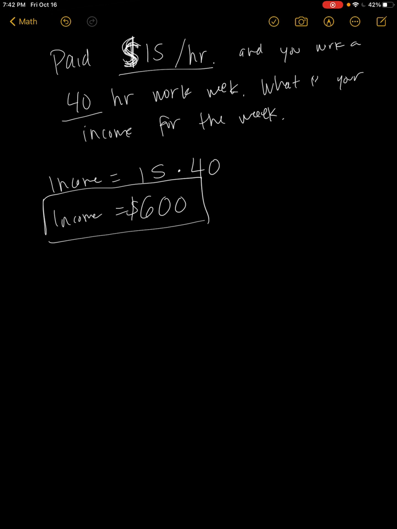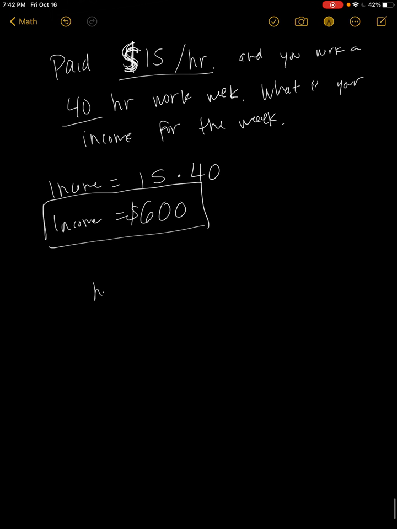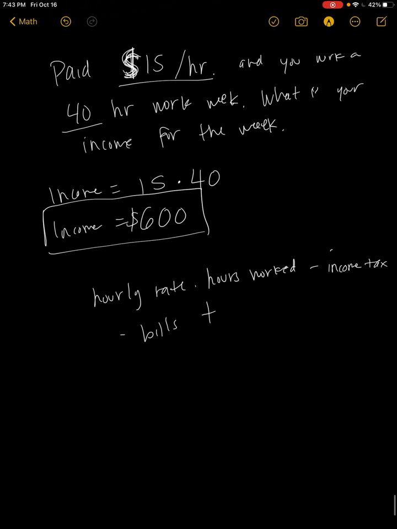You shouldn't have to rely on tips, but yeah, basically all of those kinds of income ones are just based on your hourly rate times hours worked, the distance rate time formula, but it'll be modified, minus income tax, even though we don't have income tax, but you know what I mean, right? Minus income tax, maybe minus your bills, right?